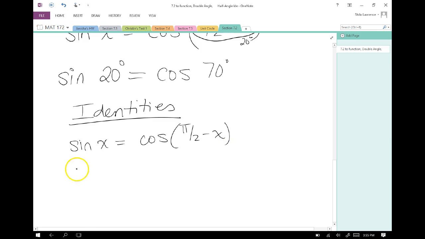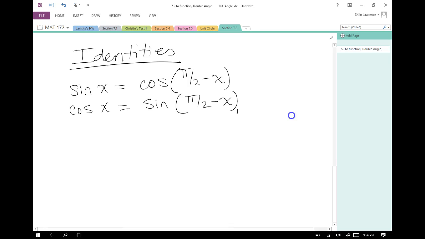And it really doesn't matter which side we write either one of them on. So we could interchange them and say cosine x equals sine of pi over 2 minus x. We could write it either way. It works both ways.